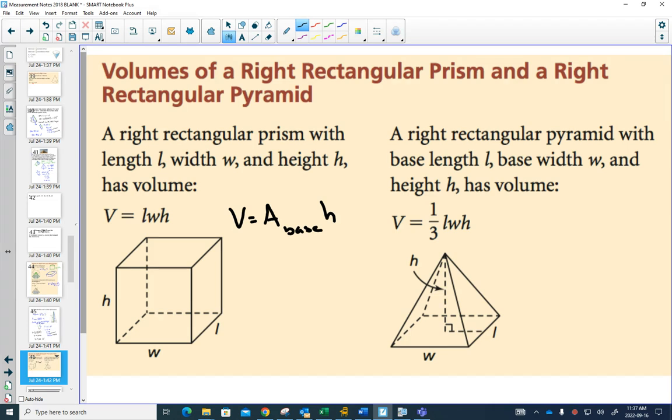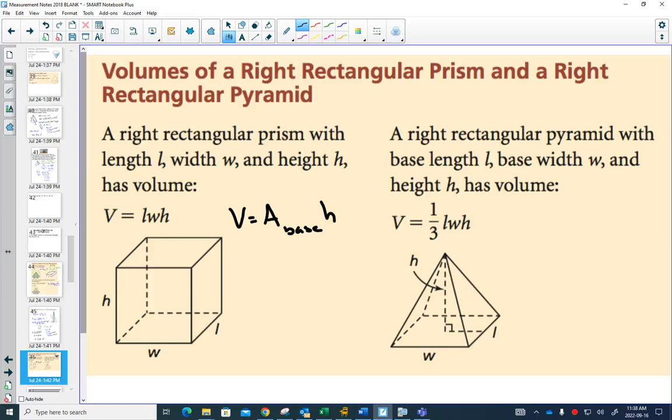Length times width. So notice on your formula sheet, you do not have the volume equals length times width times height formula. You just have the area of the base times the height, because that's a formula that works for any shape. So it's better for us than just specific formulas.